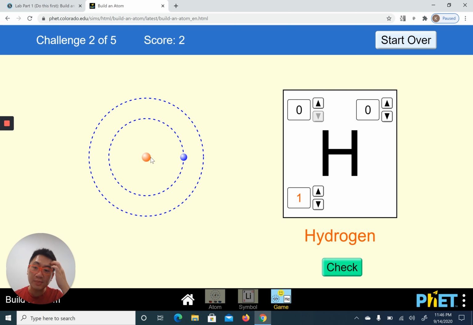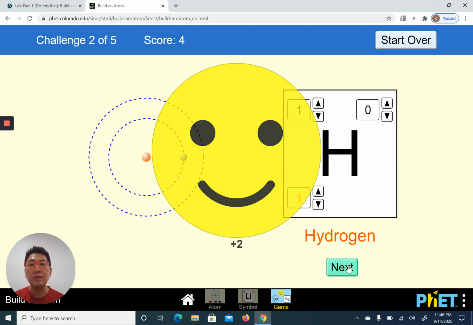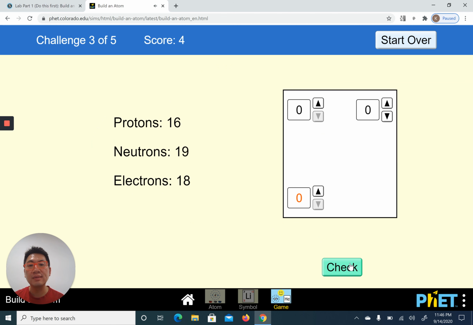There aren't any neutrons, but there's 1 proton, so mass number is also 1. What is the upper right number? The number of protons is 1, number of electrons is 1, positive 1, negative 1, so the overall charge is 0. Okay, 1 more of these. It's quite a bit of questions.